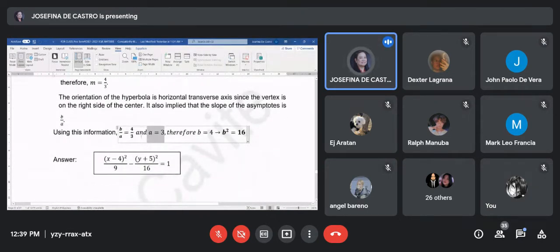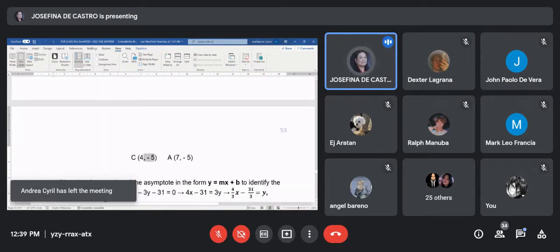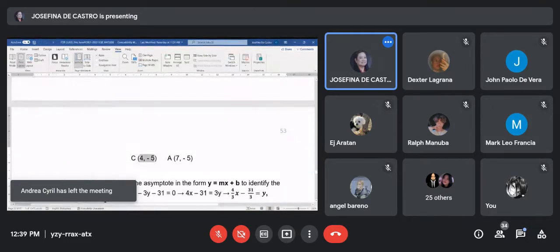Therefore, ito, since A is equal to 3, so mangyayari dyan, B over 3 is equal to 4 over 3. Tsaka ka na magko-conclude na B is equal to 4 and B squared is equal to 16. And since siya ay horizontal, mauuna si X. So, ano ang center niya? 4, negative 5 ang center niya.